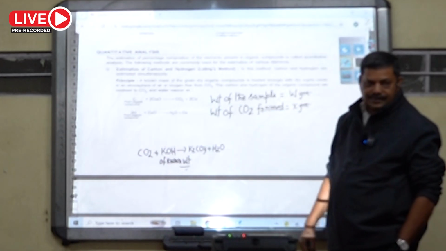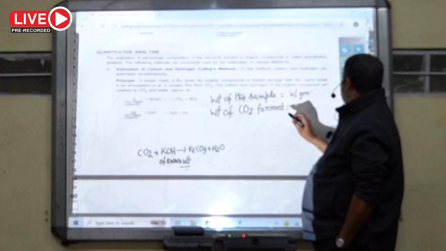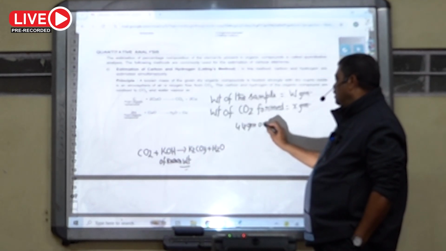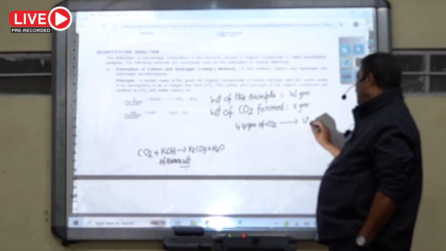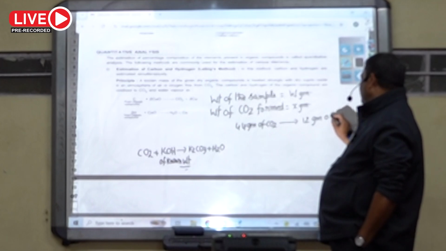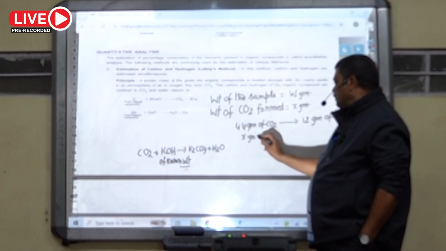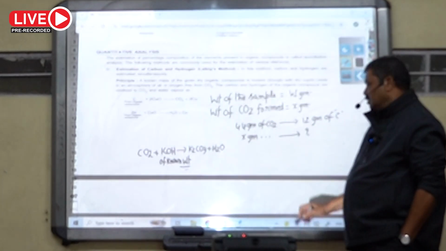That is X grams. So now you know 44 grams of CO2 contains 12 grams of carbon. So X grams of CO2 contain how much C?